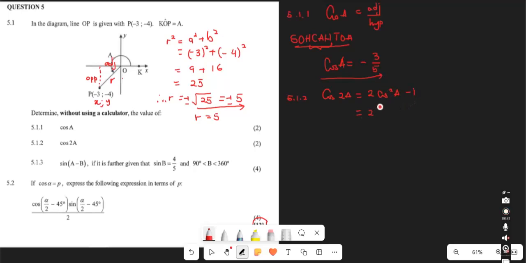Therefore, if you have 2 into, you have just found cos A here to be -3 divided by 5, squared, minus 1. You can just press on your scientific calculator. Therefore, you're going to find -7 divided by 25.